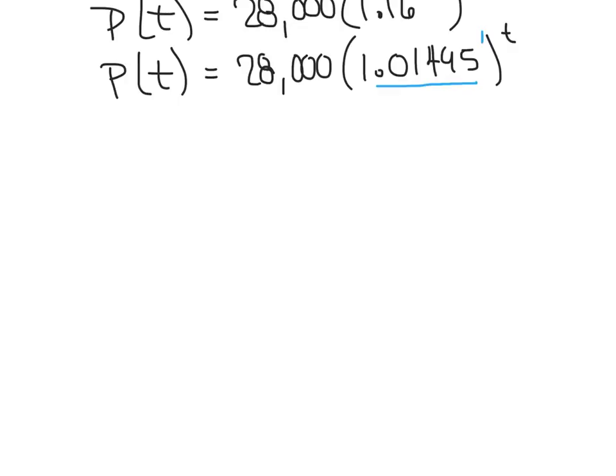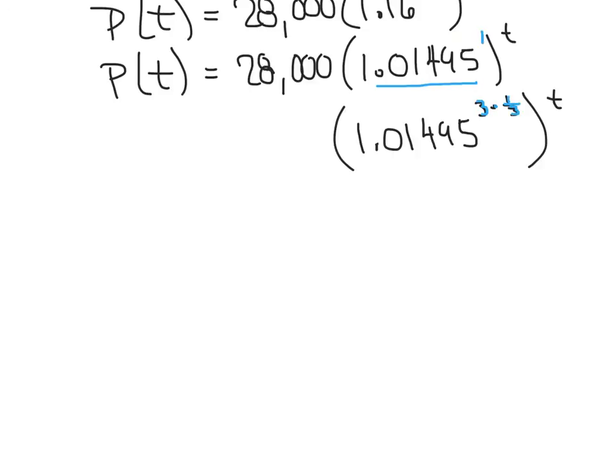So check this out. Now, just to save a little bit of time, I'm going to skip writing the 28,000. 1.01495 raised to the 3 times 1/3 raised to the t. Now here's the kicker. Do you agree that 3 times 1/3 is equivalent to this 1 I had up there?